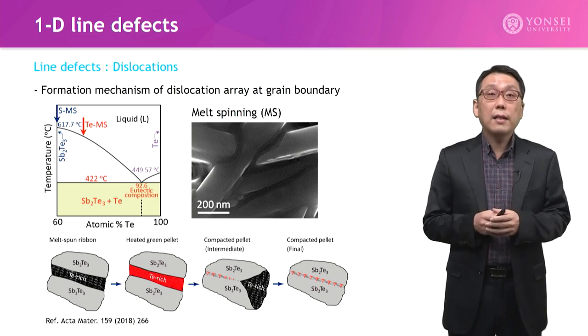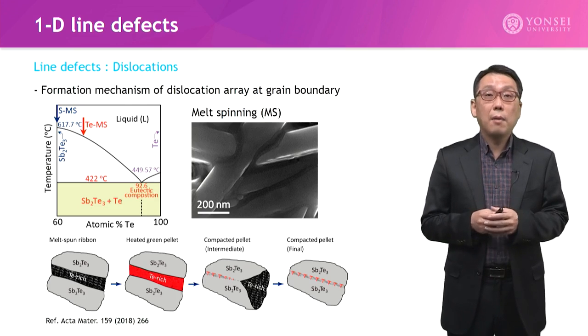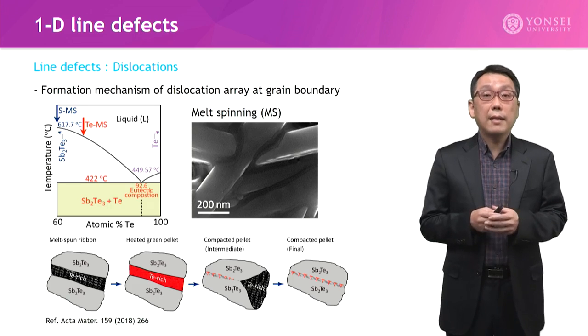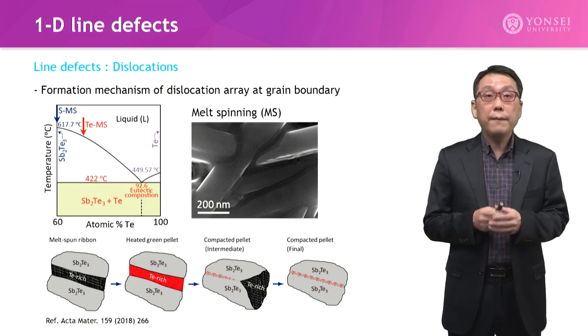In order to clarify the formation mechanism of the dislocation array, we need four different samples. The first is the as-prepared melt-spun ribbon, and the second sample is a heated green pellet with solid-state antimony telluride and liquid-state tellurium-rich phase.